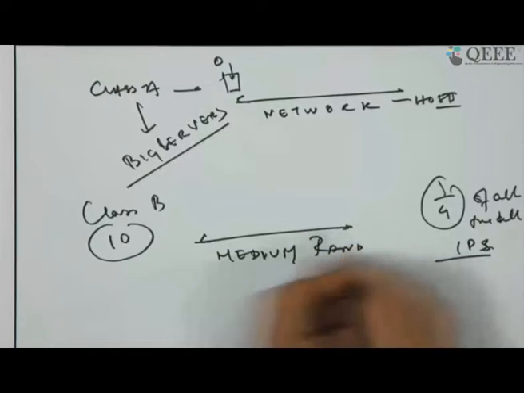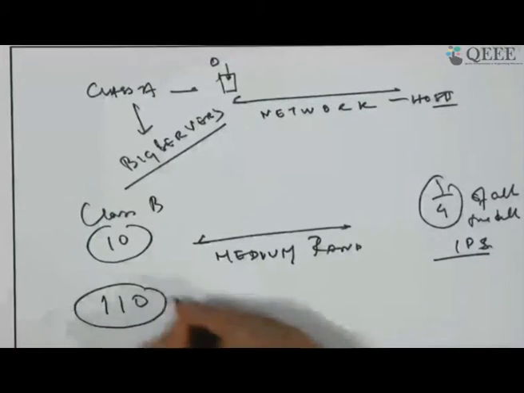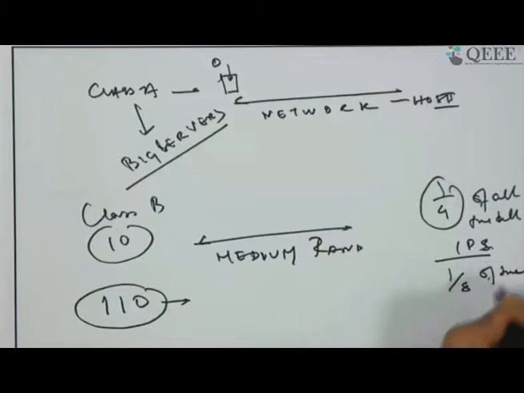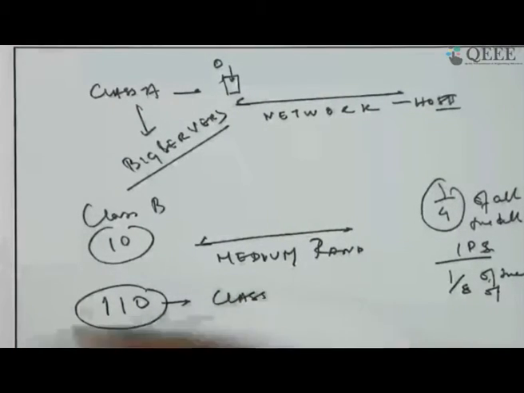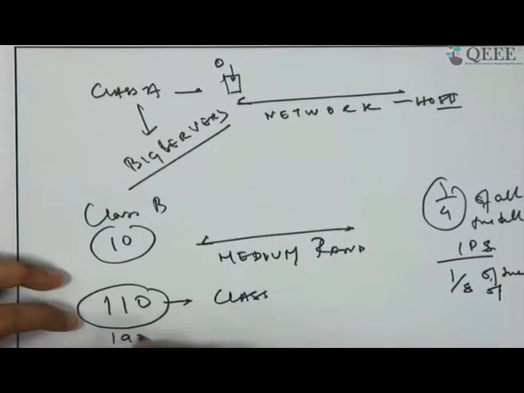And then for all home purpose or small purpose, it was 110, that means 1/8 of all the IPs was class C. And if you think, what does 110 mean? You see, it starts with 192.